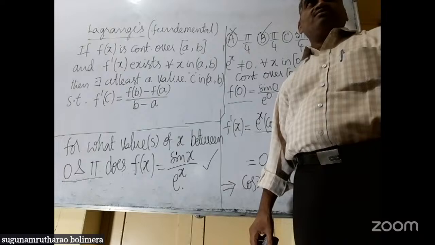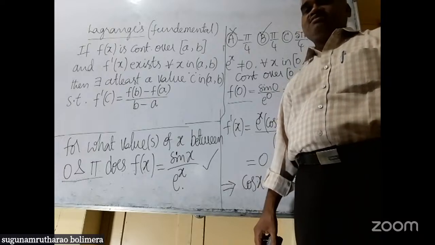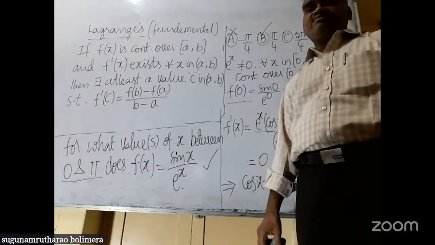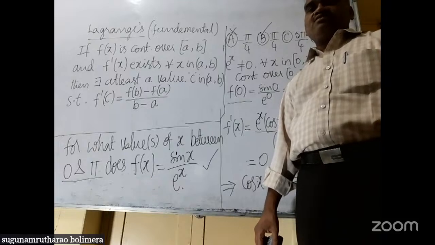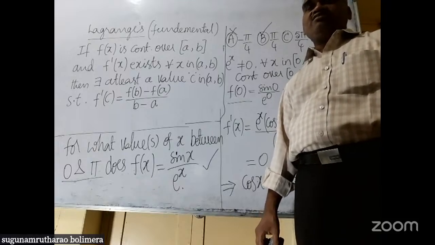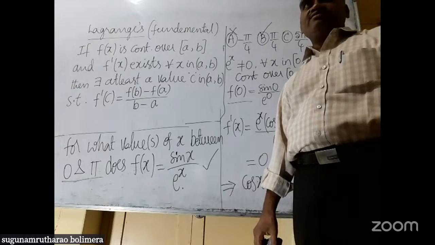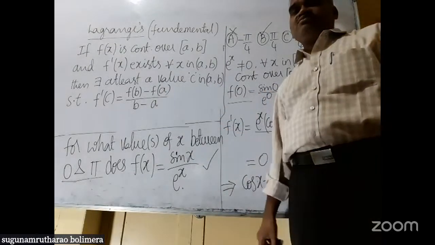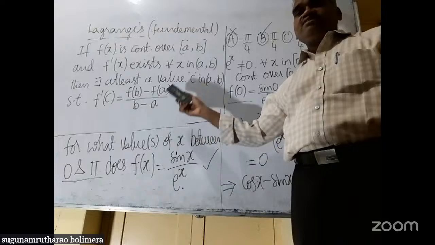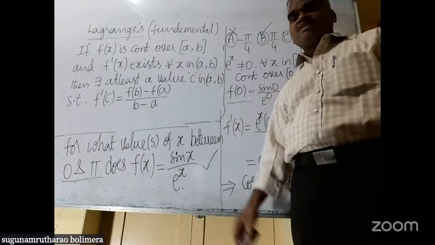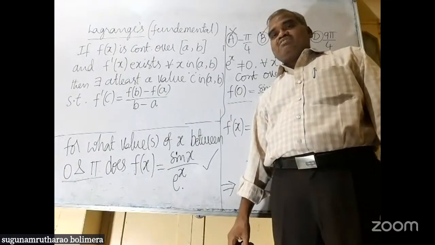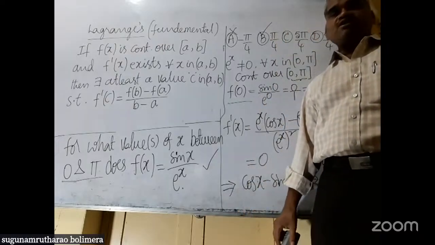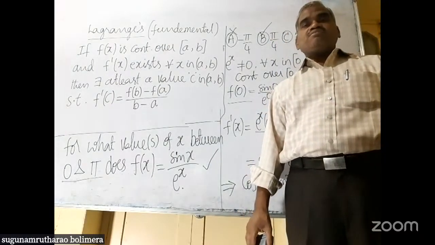If f of a equals f of b, then definitely you can say f dash of c equals 0. So therefore, it is clear Rolle's theorem is an application of Lagrange's mean value theorem. That's why we call this Lagrange's mean value theorem the fundamental mean value theorem.